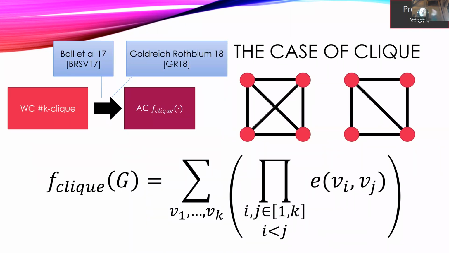So first, what is this polynomial for K-clique? Well, what we're going to do is have a sum over every possible choice of K different vertices in the original graph. And then we're going to multiply the corresponding edges that correspond to the inside of that clique.